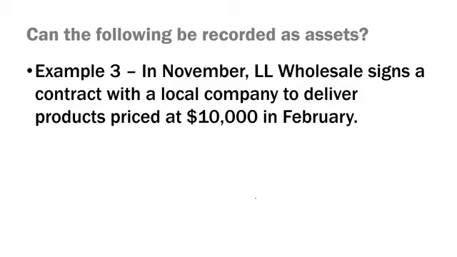Here, there is nothing owned or controlled by the company as a result of a past exchange or transaction. No exchange or transaction has taken place yet. The company will not be able to record an asset until it delivers the products in February or until the customer pays cash for $10,000 if it were to pay cash in advance of receiving those products.